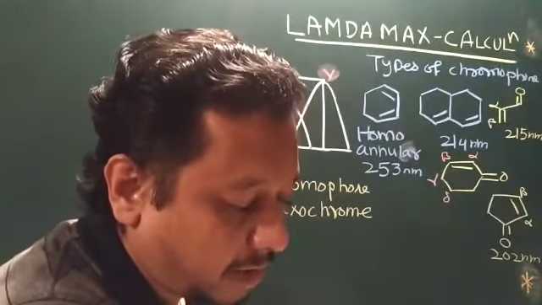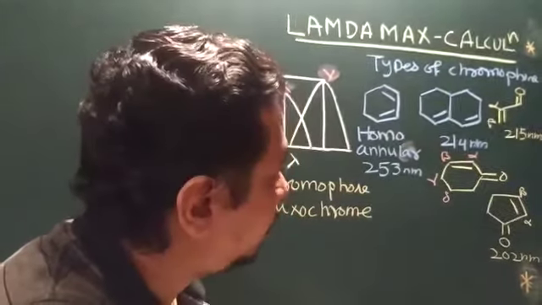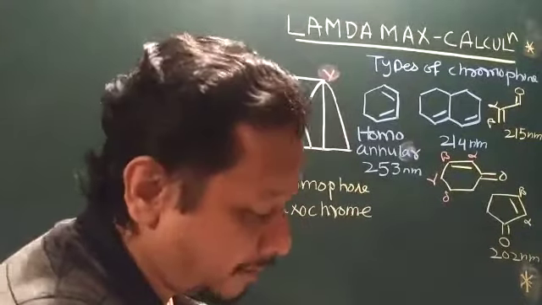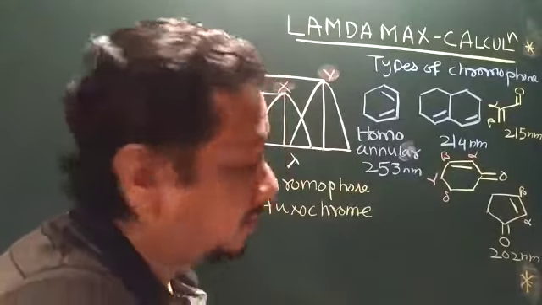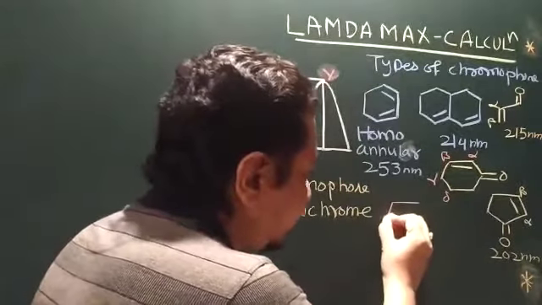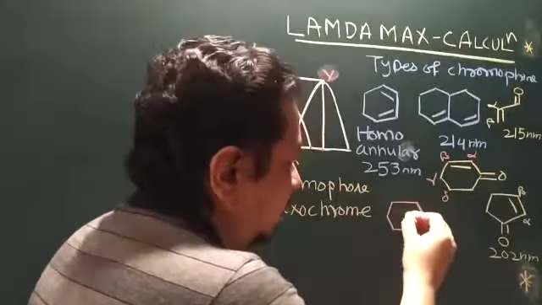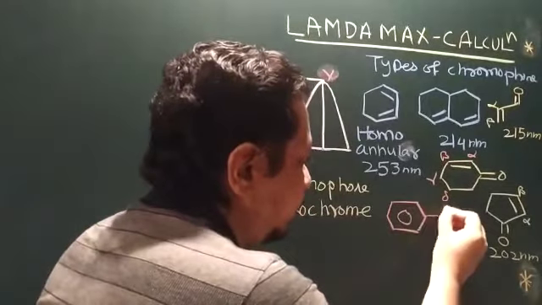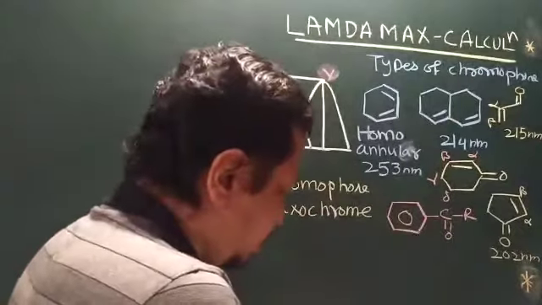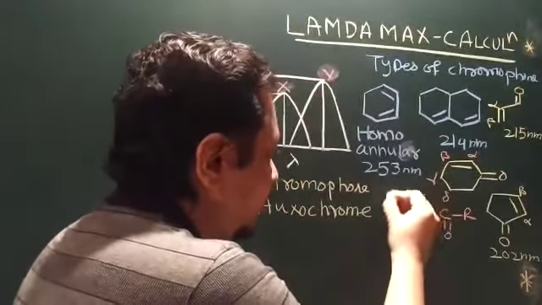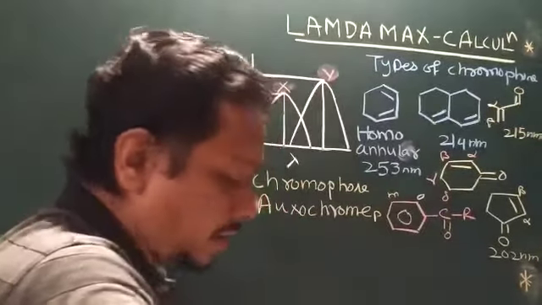Now apart from the alpha beta unsaturated ketone and homoannular or heteroannular diene, you have one more system known as acyl benzene. You have benzene with an acyl group, C double bond O R, with ortho, meta and para positions.